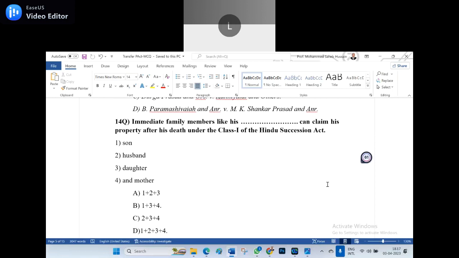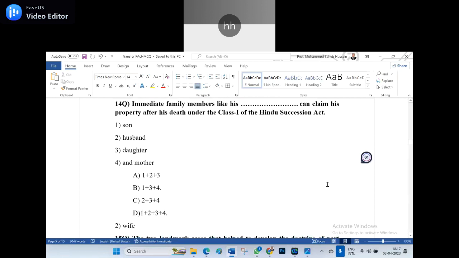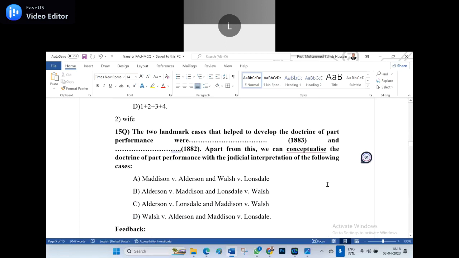So if the husband died, where does the husband come in the two? Wife. I removed the wife, I put the husband. Is it clear? Then the right answer is 1 plus 3 plus 4, B. 1 plus 3 plus 4 is the right answer.